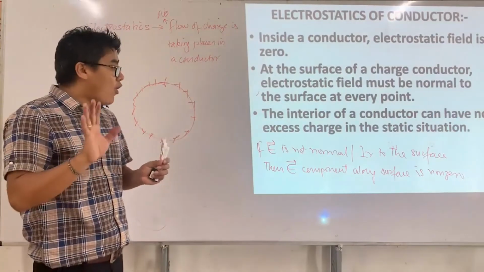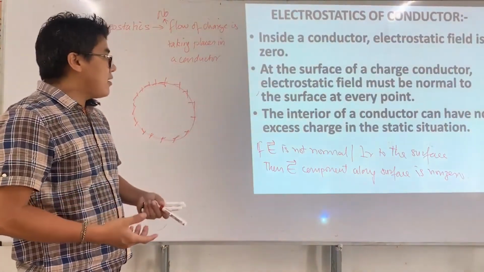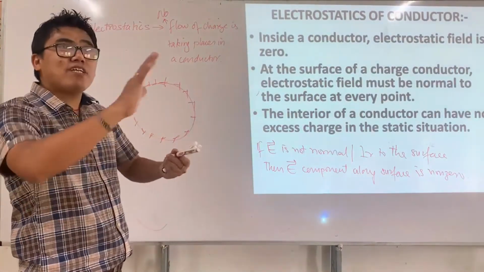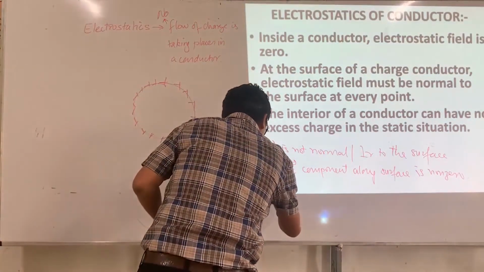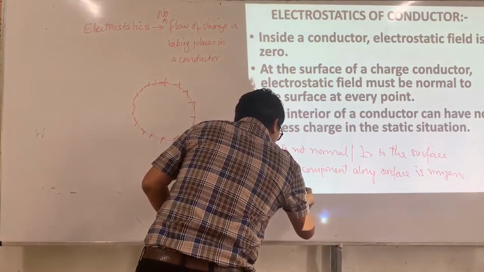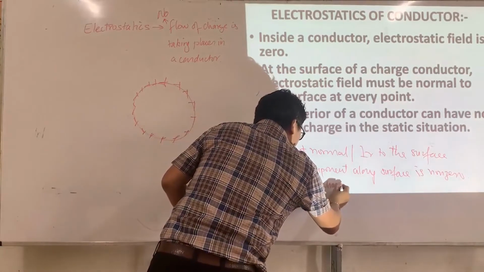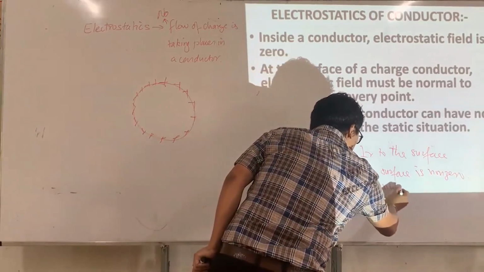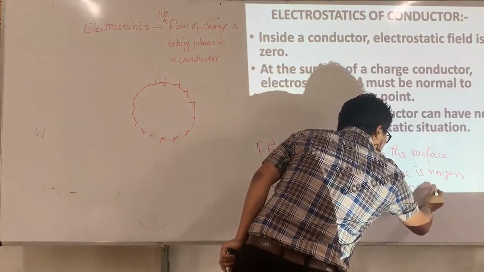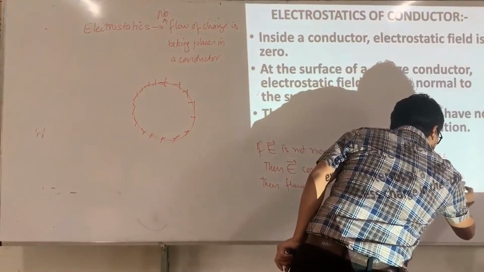If a field component along a surface is non-zero, then flow of charge is possible on the surface, which is not true.